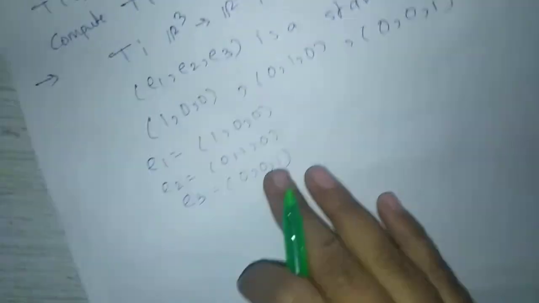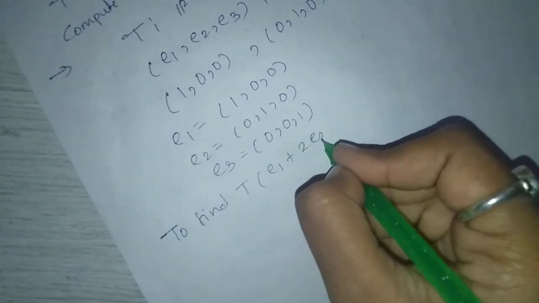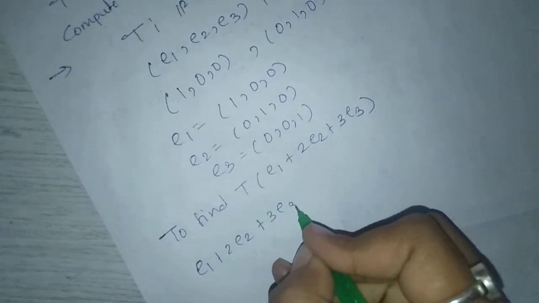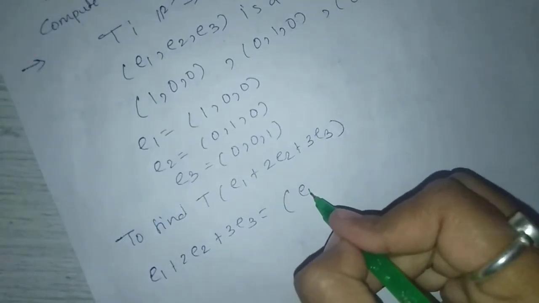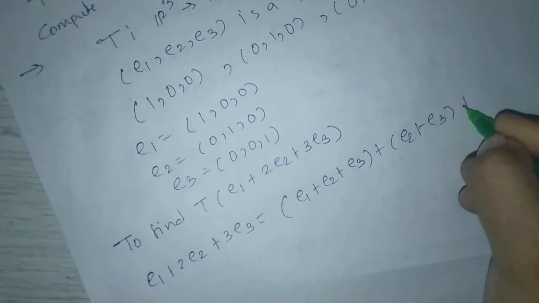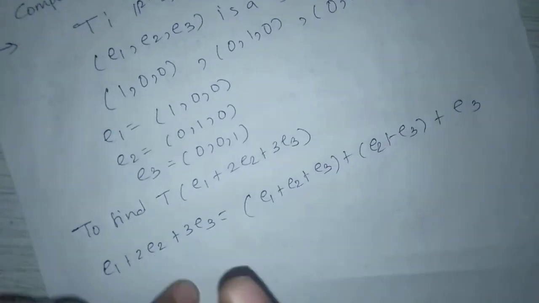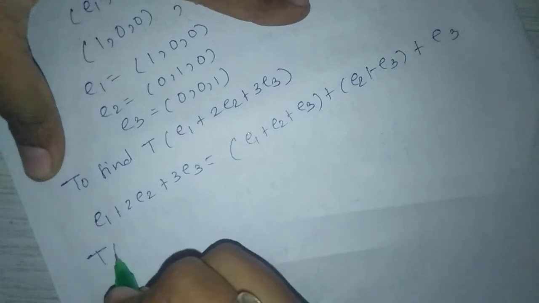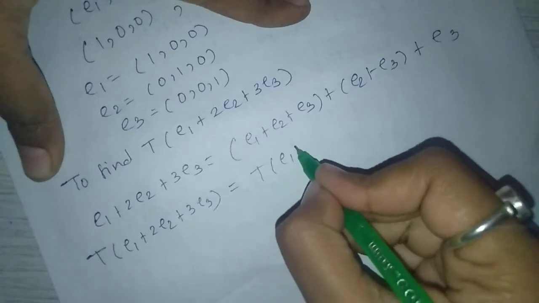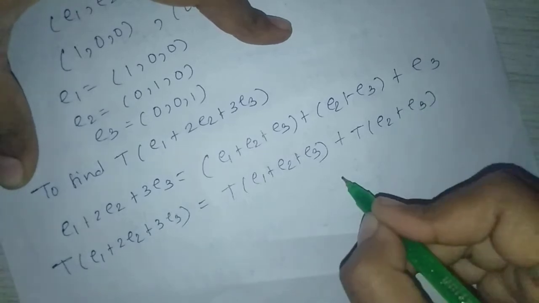To find T of (e1 + 2e2 + 3e3), e1 + 2e2 + 3e3 can be written in the form of (e1 + e2 + e3) + (e2 + e3) + e3. So apply T on both sides, we get T of (e1 + 2e2 + 3e3) equal to T of (e1 + e2 + e3) + T of (e2 + e3) + T of e3.